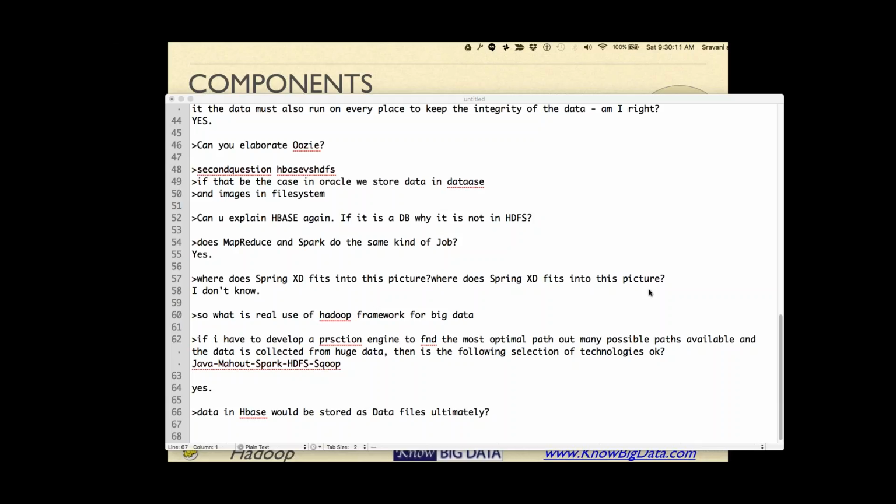Mithili is saying, do we have any utility to read data from a MOLAP system like HBase? If you can read from Java, then you can read using Sqoop for HBase.